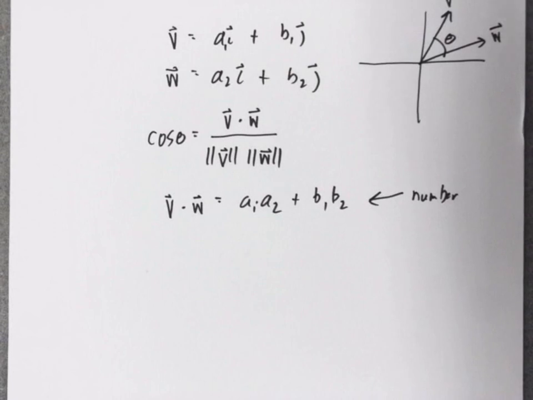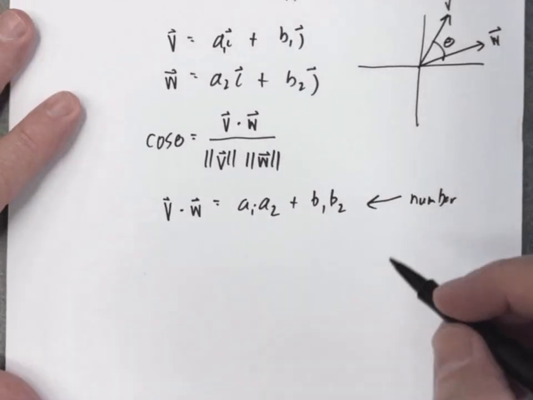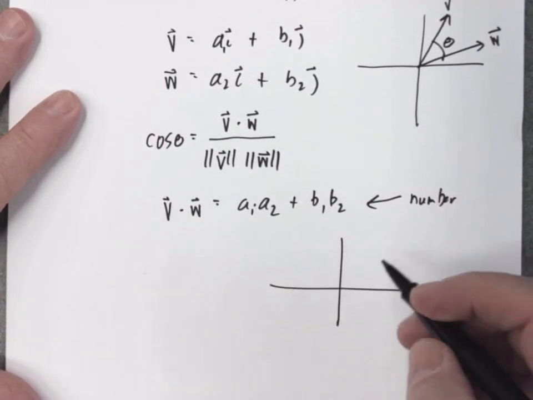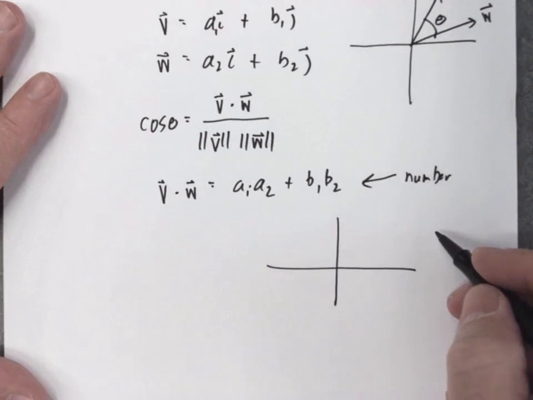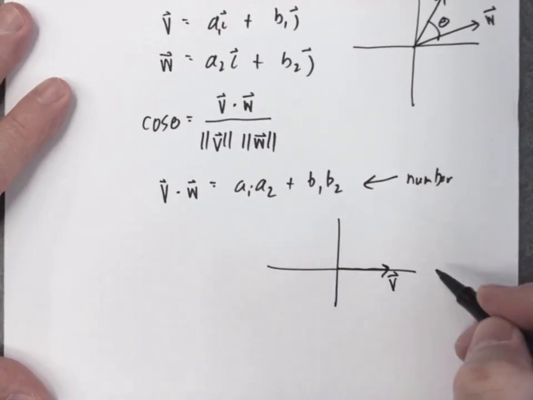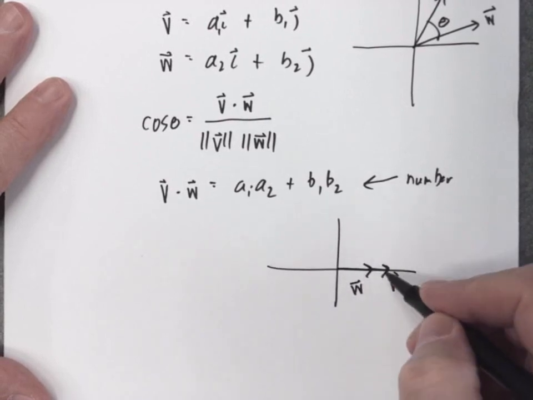So the typical problem is they'll give you two vectors and they'll ask you what's the angle between the two vectors. Now there are some special cases. Sometimes you have two vectors that are parallel, and there's actually two kinds of parallel. So here's your vector v, and then it turns out your vector w is right on top of it.